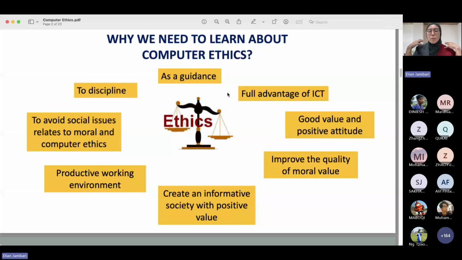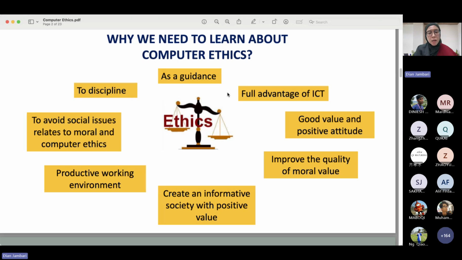With knowledge and skills in computing comes power, and with that power comes responsibility. The ethical responsibility that we have is to ensure that we help or support the creation of an informative society with positive value. That is also the reasoning why we learn computer ethics.